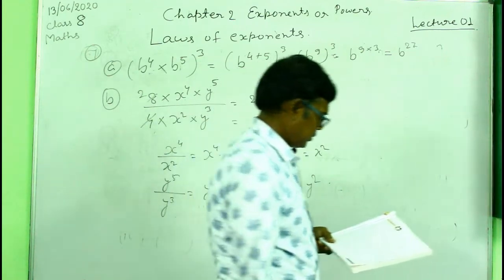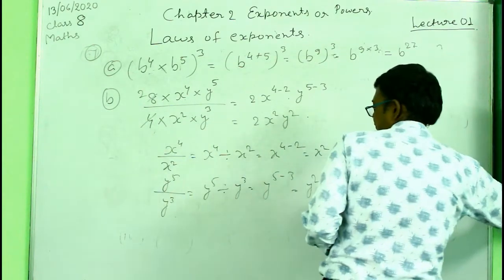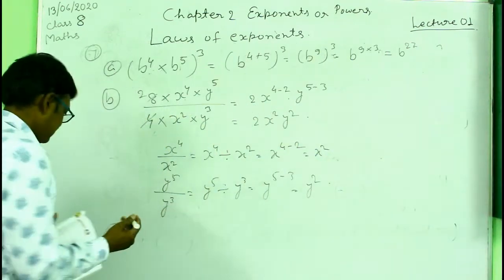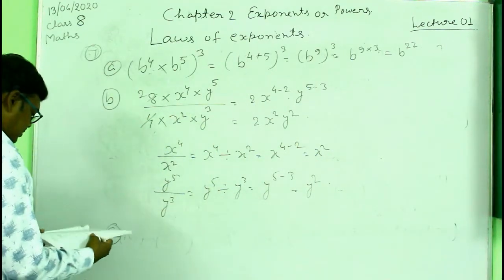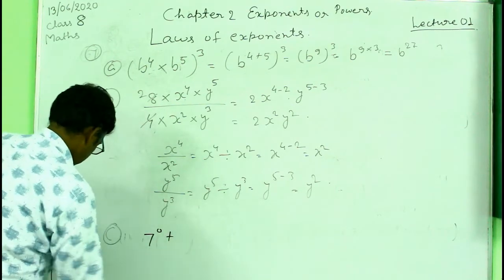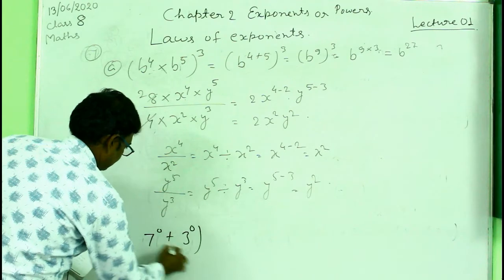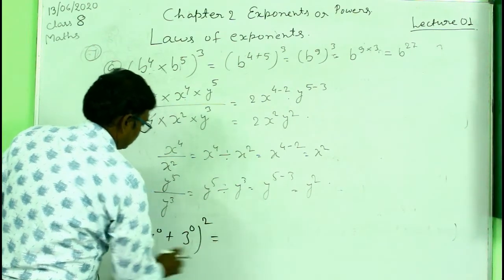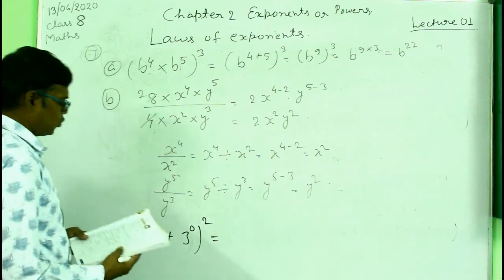The question number C. It is here 7 to the power 0 plus 3 to the power 0, it is here square. So the 7 to the power 0 is equal to 1.